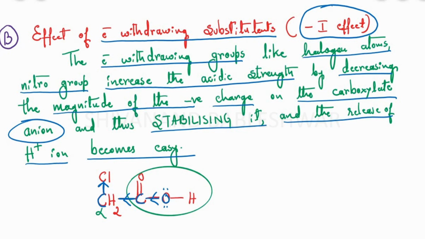When this happens, the oxygen atom takes the electrons of the OH bond and expels the H as H plus. When it is expelled, a negative charge is present on the oxygen atom, but this negative charge is stabilized by the electron withdrawing nature of the Cl. So we have learnt that electron withdrawing groups stabilize the carboxylate anion, making the release of H plus ion very easy.